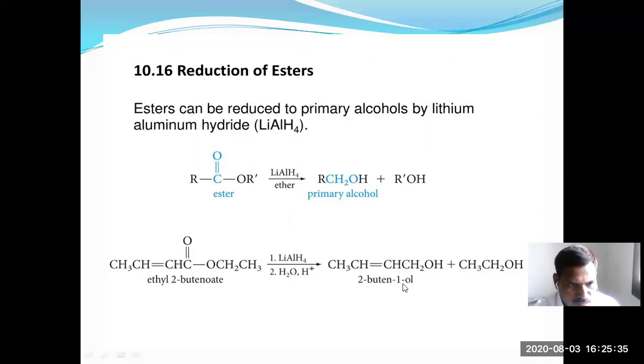The products are 1-butanol plus ethyl alcohol. So this is the reduction reaction of ester. We can simply say that esters undergoing reduction in the presence of lithium aluminum hydride as a reducing agent give primary alcohols.